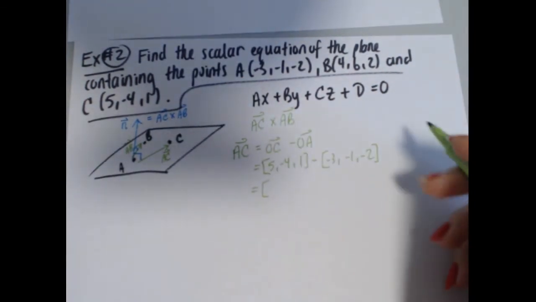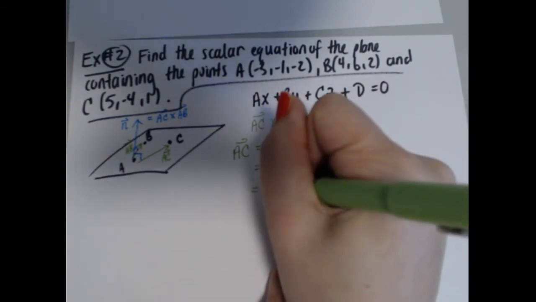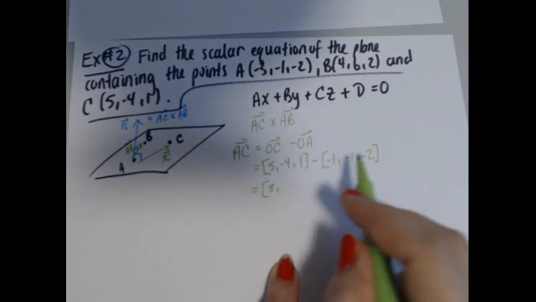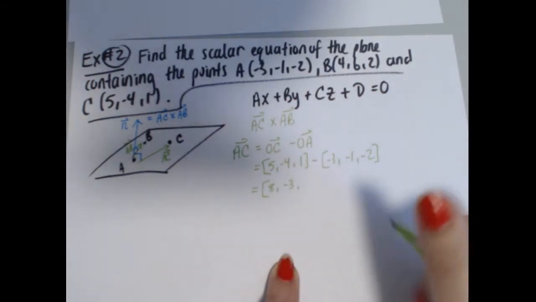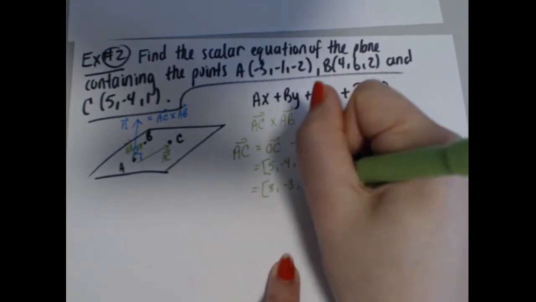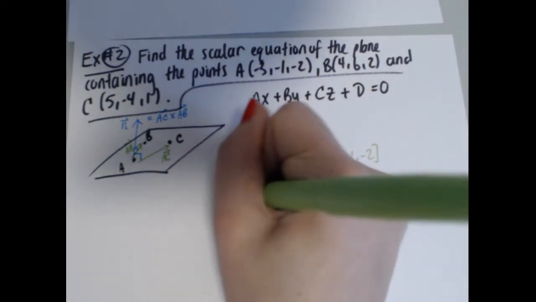All right, so just subtract the corresponding dimensions. 5 minus negative 3, that's 5 plus 3, which is 8. Negative 4 minus negative 1, that's negative 4 plus 1, which is negative 3. And 1 minus negative 2 is 1 plus 2, which is 3. So 8, negative 3, 3. All right, so there's AC.